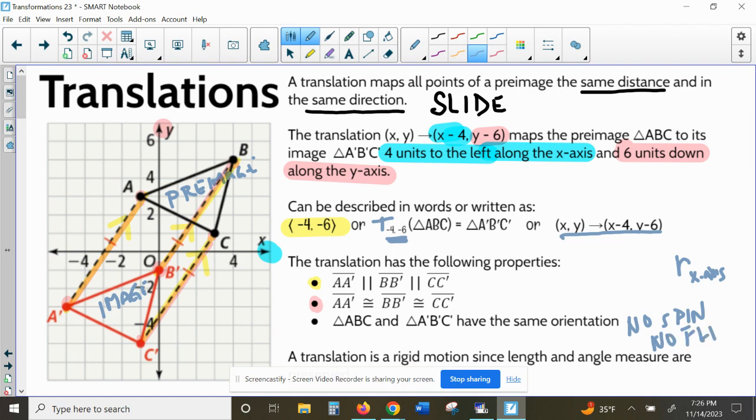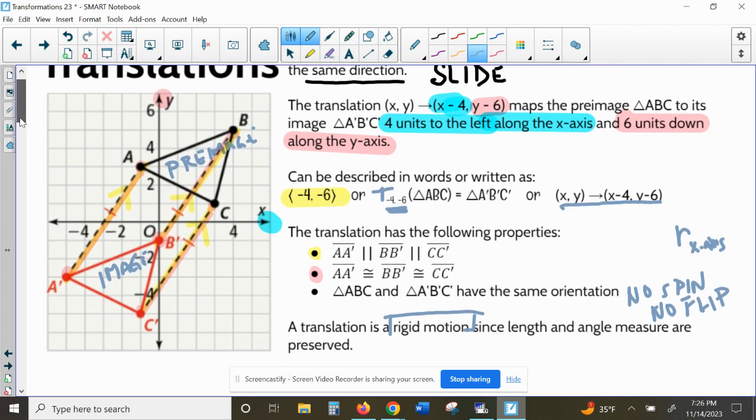It's going to look exactly the same, just slid somewhere else. And this is a rigid motion. It's a rigid motion because the length of the sides and the angle measures are preserved. So it's a rigid motion. It preserves both size and shape, they stay the same.